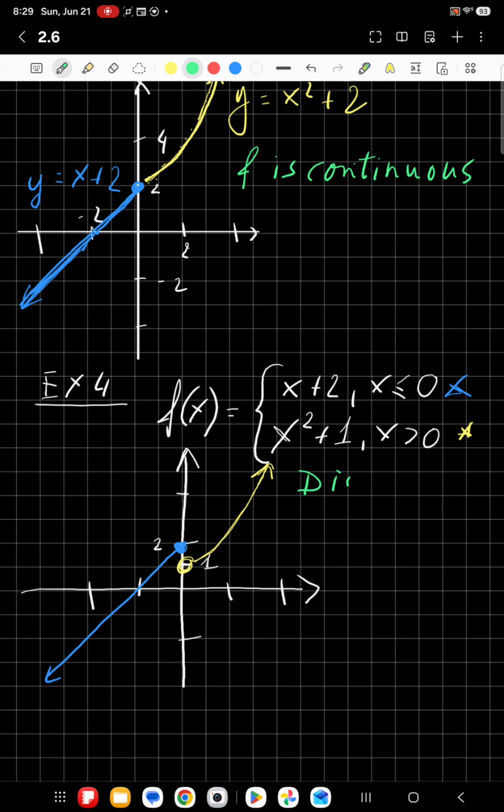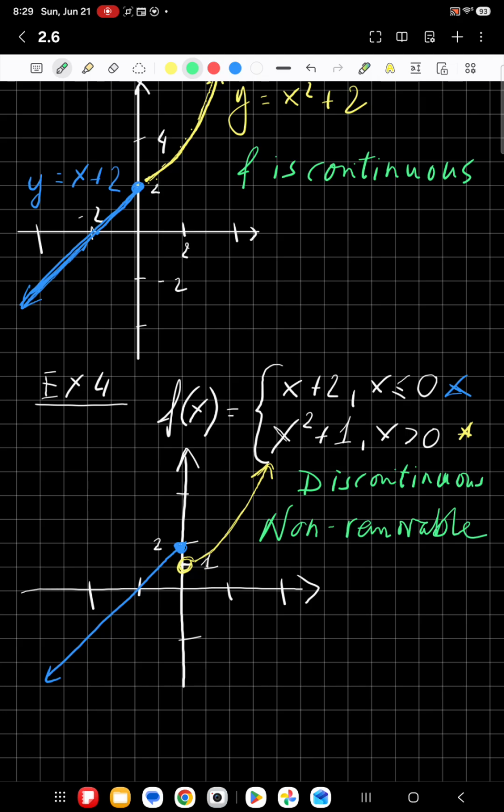So discontinuous and non-removable, right? Discontinuity is non-removable. Right, and I hope you kind of remember why, right?